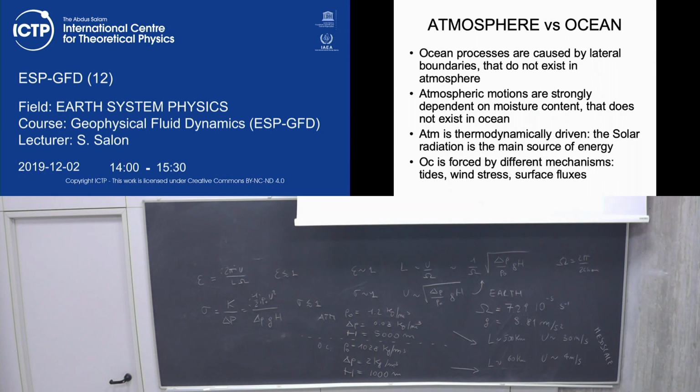Okay? Atmosphere is thermodynamically driven. The solar radiation is the main source of energy, while the ocean is forced by tides, wind stresses, and surface fluxes. Actually, only tides are due to the fact that there is water, because wind stress and surface fluxes both depend on the atmosphere.